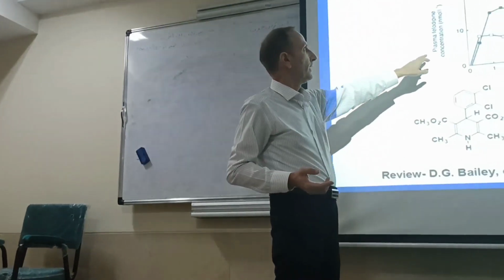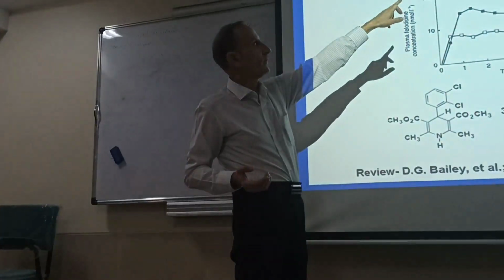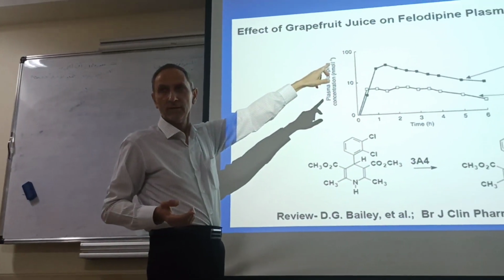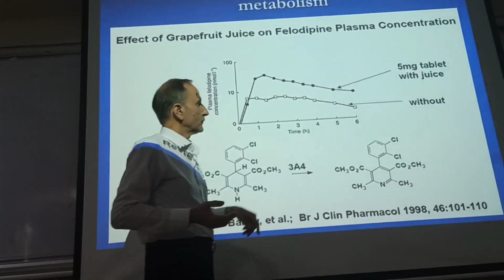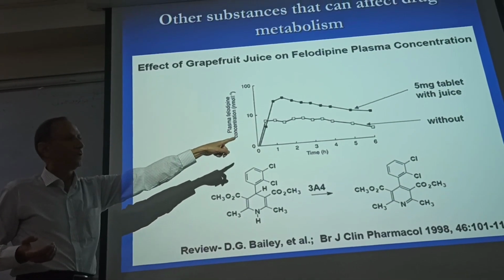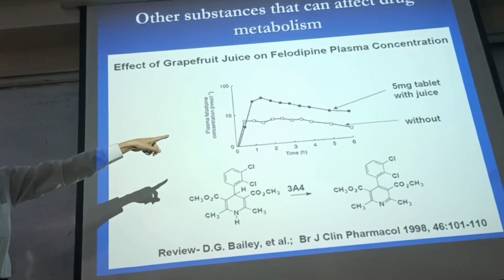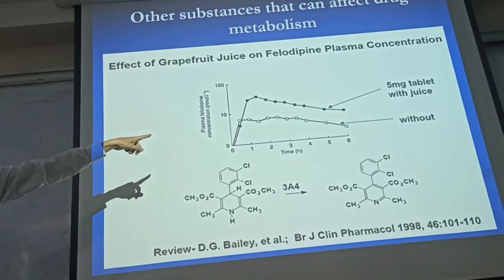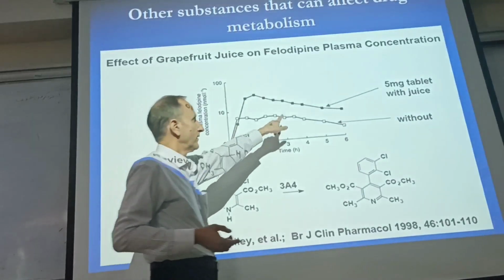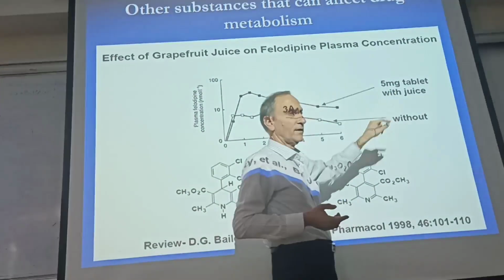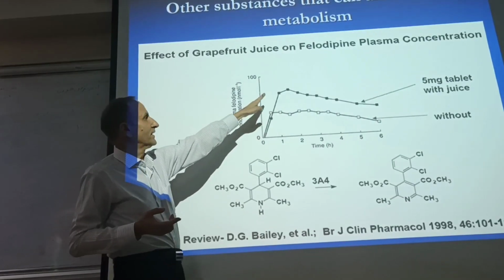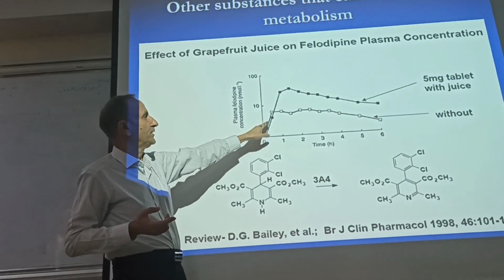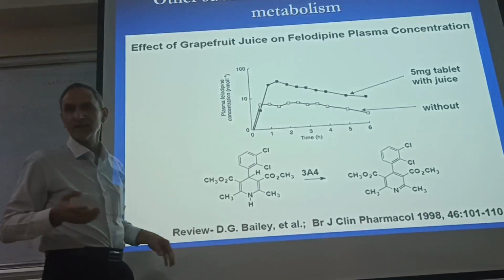Here you see a drug which is felodipine. Here we have the diagram without using grapefruit juice, and this one is with juice. You see that blood concentration or plasma concentration in this case is much higher.